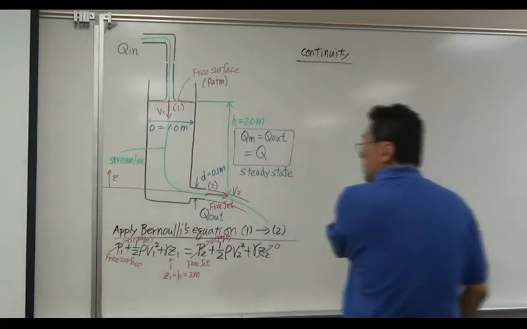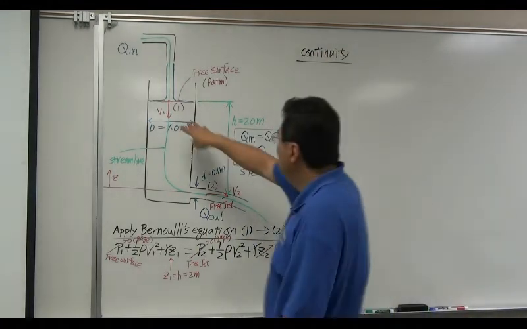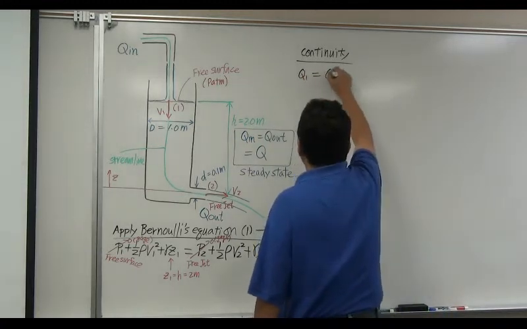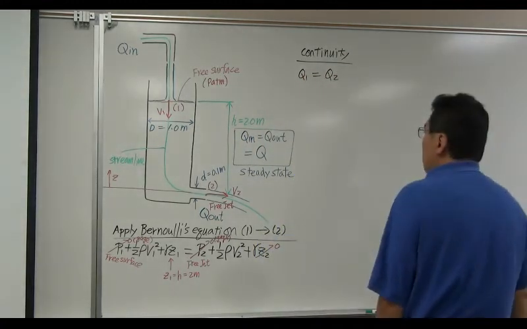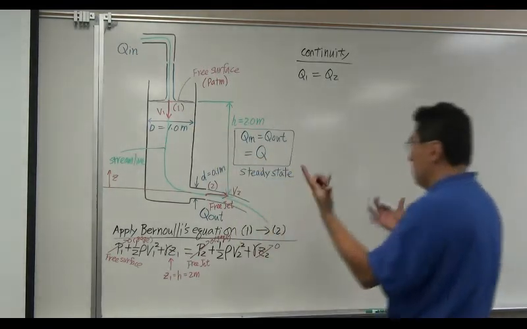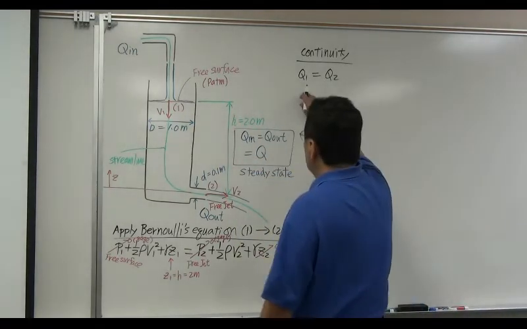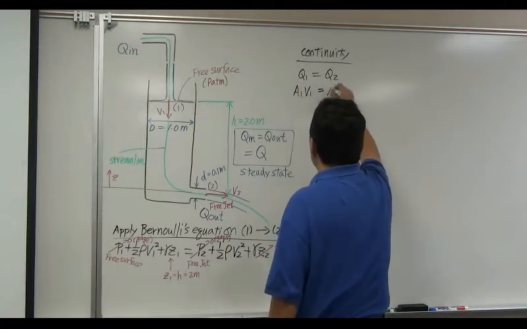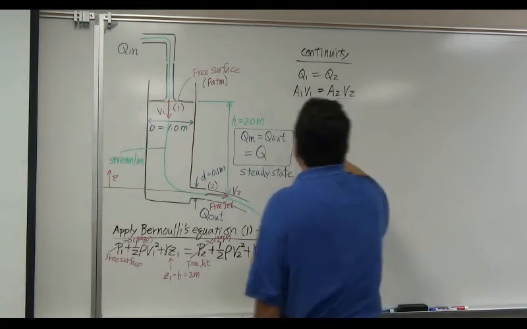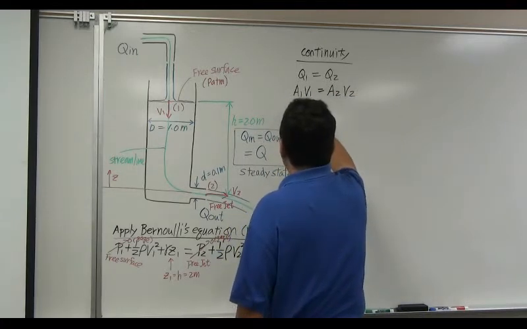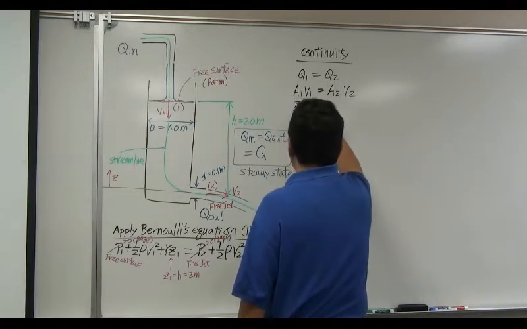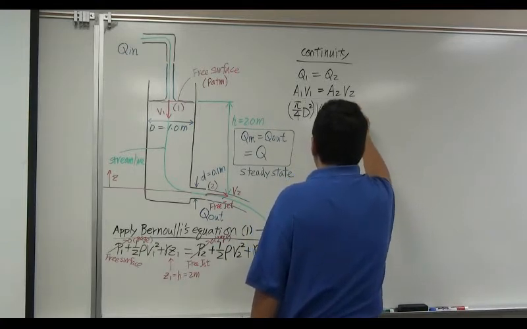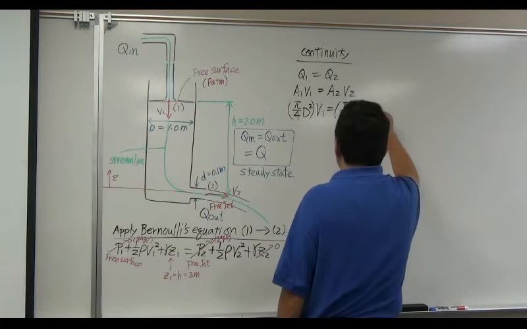So the continuity equation basically says that flow rate in is equal to flow rate out, Q1 is equal to Q2, in order to maintain constant depth, yeah, of course. So flow rate is cross-section area times velocity. So this is going to be pi over 4 capital D squared times v1. This is pi over 4 lowercase d squared times v2.